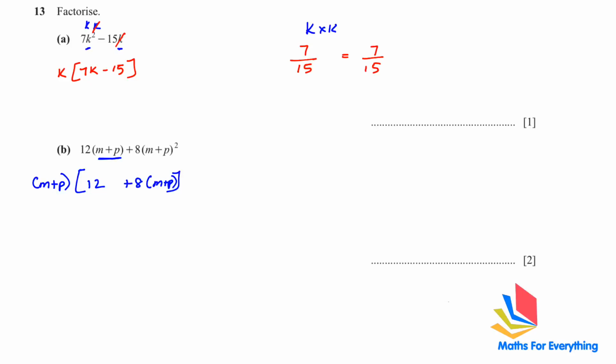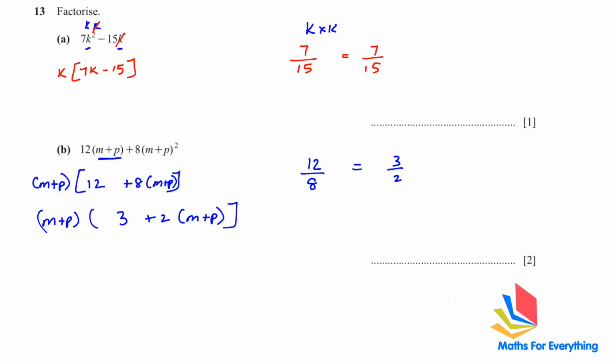Now 8 and 12 are there. 12 and 8, the numbers. Put in the calculator 12 over 8 and you will get 3 over 2. So you write m plus p, and in the same order that you have 3 over 2, you write it as 3 over 2.